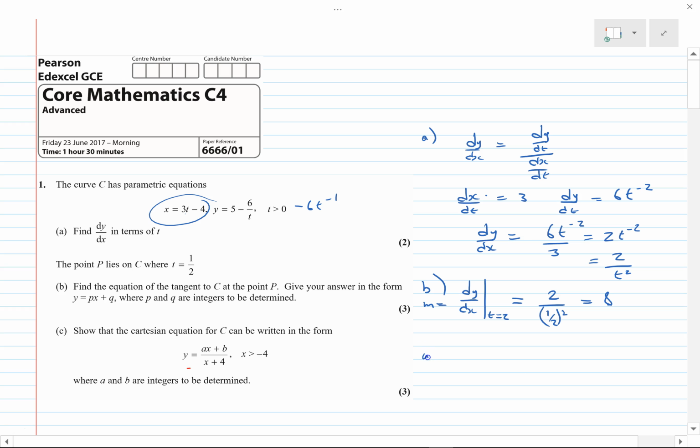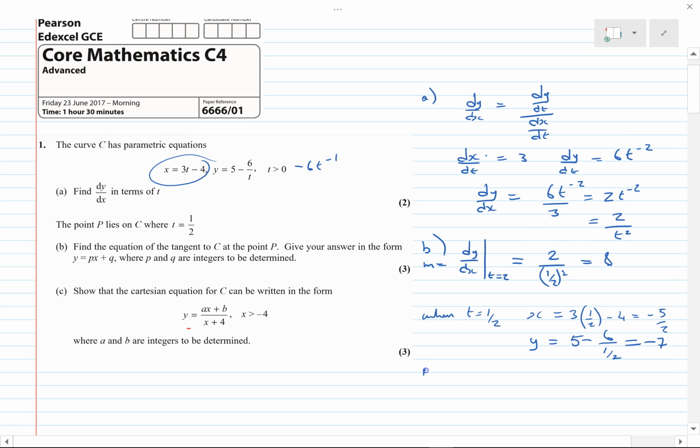So when t equals a half, x is equal to 3 times a half minus 4. That's 3 over 2 minus 4, so that's minus 5 over 2. And y equals 5 minus 6 over a half. 6 over a half is 12, so it's 5 minus 12, which is minus 7.